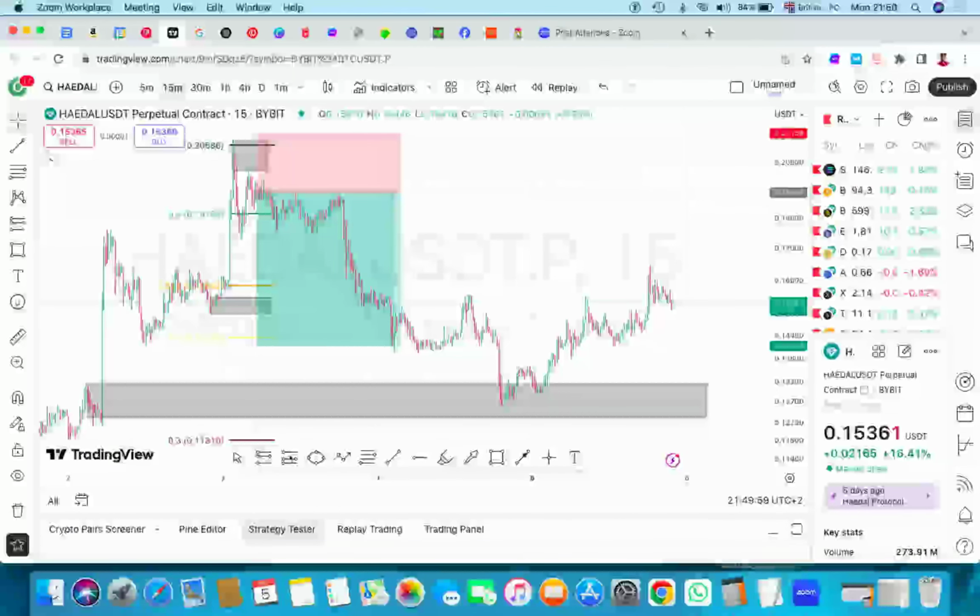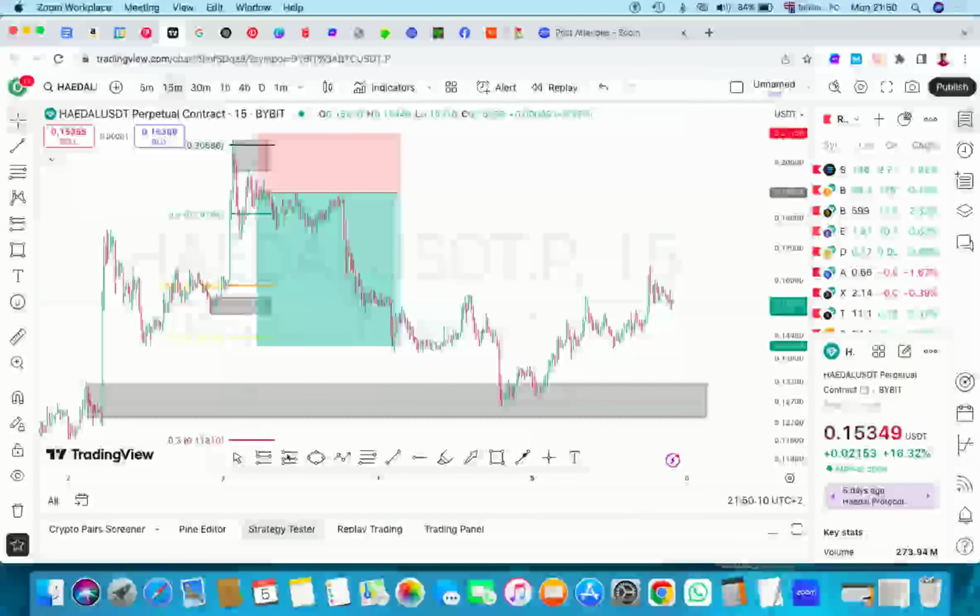Our last topic, we talked about order blocks, and today we'll be talking about liquidity. I just defined liquidity for us, so we'll just be spotting.